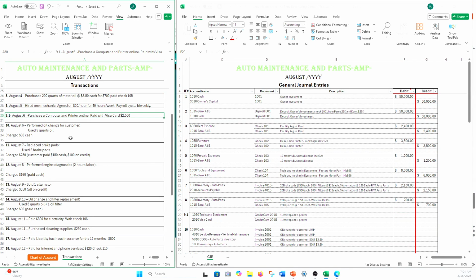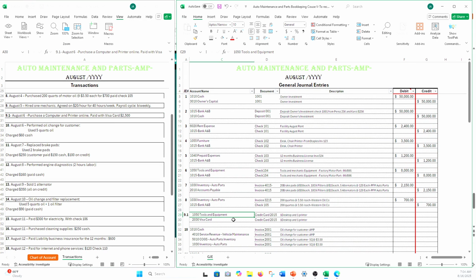But we are going to move to August 6. It says that the company purchased a computer and printer online and paid with Visa credit card. So let's see, we are somewhere here. So we say that we purchase equipment, because that's what it is, computers and printers.